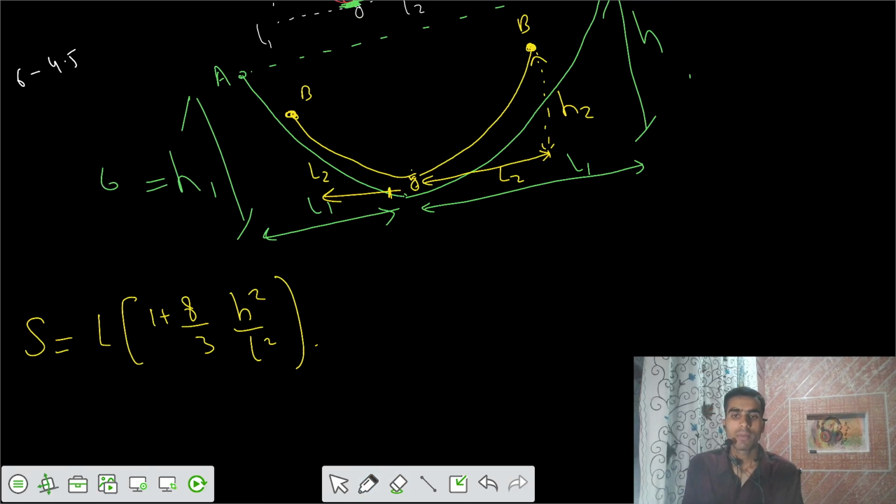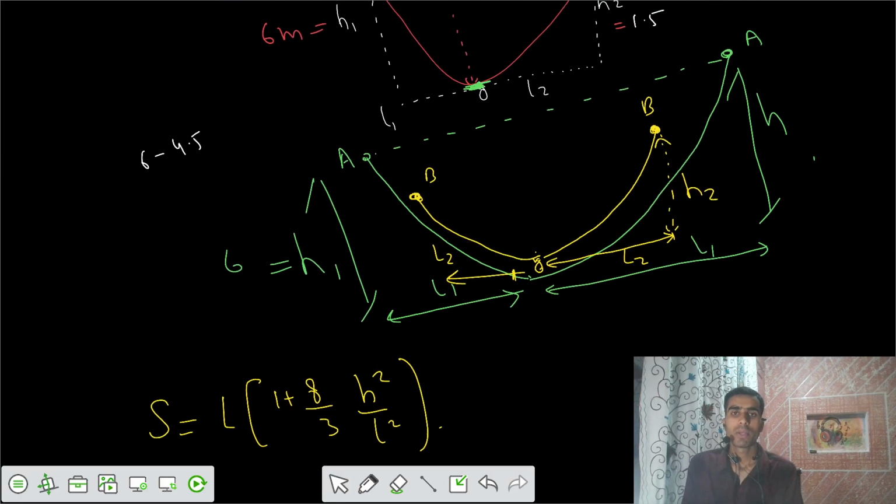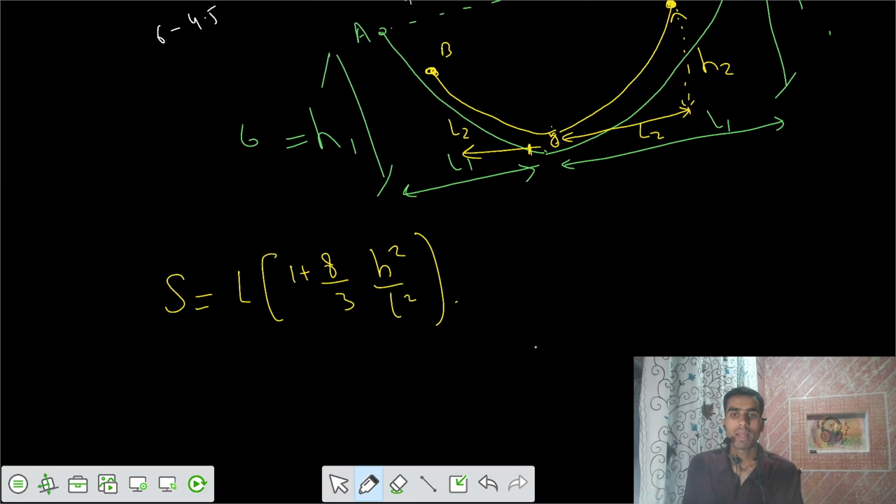So if I say that the cable length would be equal to the cable length, I am going to highlight it. Cable length is actually this one. Our concerned cable is only this part. This is our concerned part. So our cable length is equal to 1 by 2 of the cable length.